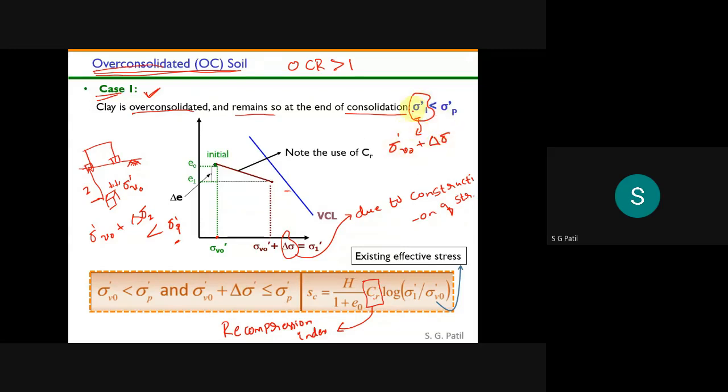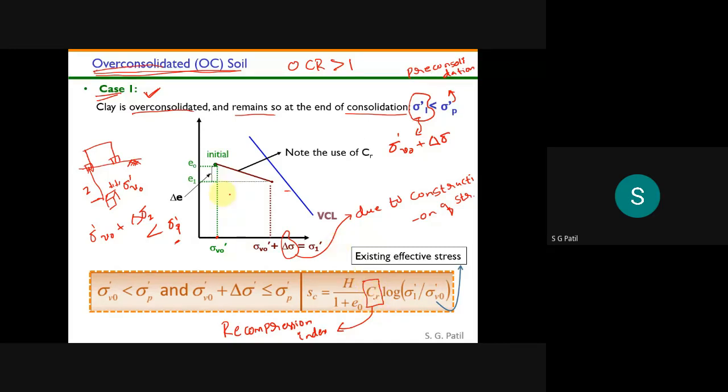So this together, if it is less than my pre-consolidation stress, then I have to use the same as your NC, but instead of using the compression index, I'm using the recompression index here.